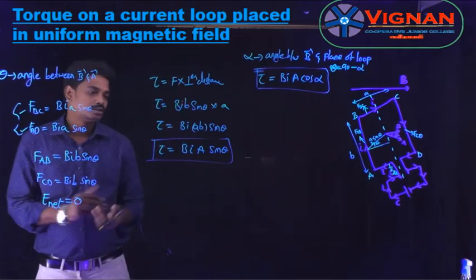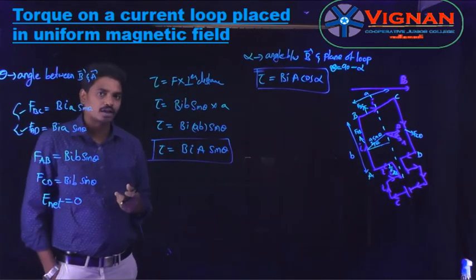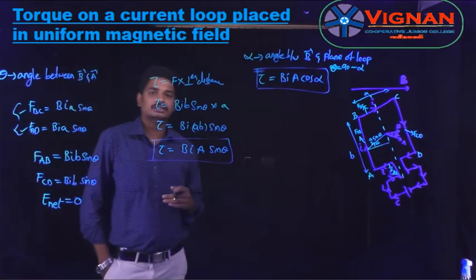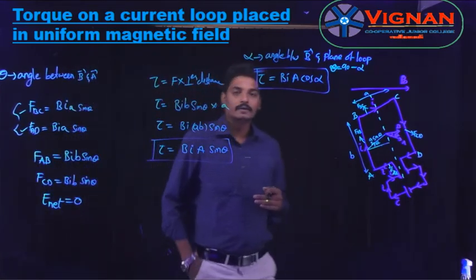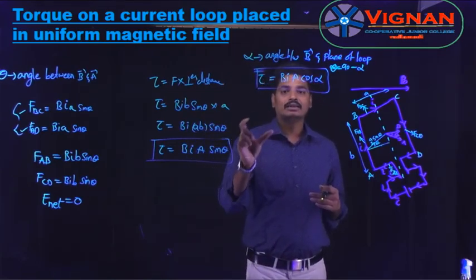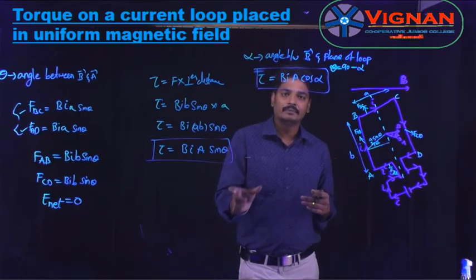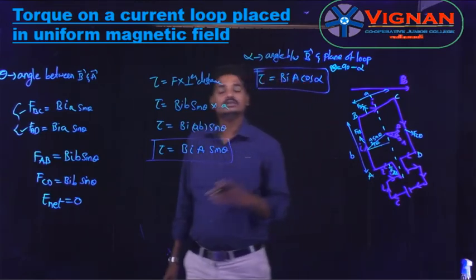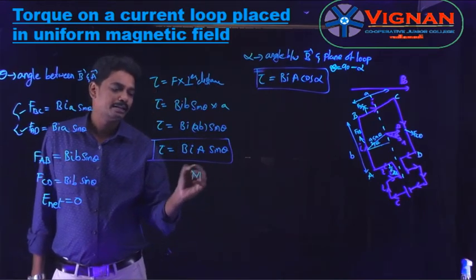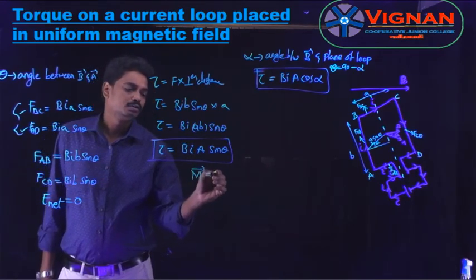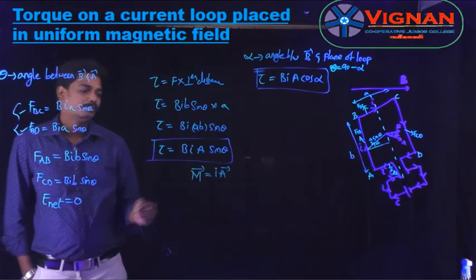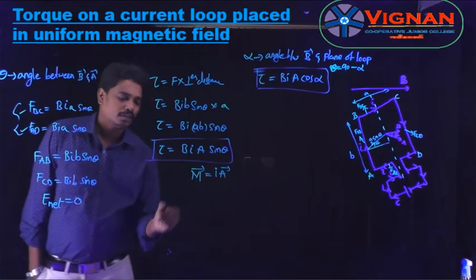Now, as torque is a vector quantity, and from our previous sessions we have discussed the current carrying circular loop or current carrying coil as a magnetic dipole, from which we calculate the magnetic moment M bar is equal to I into A bar.